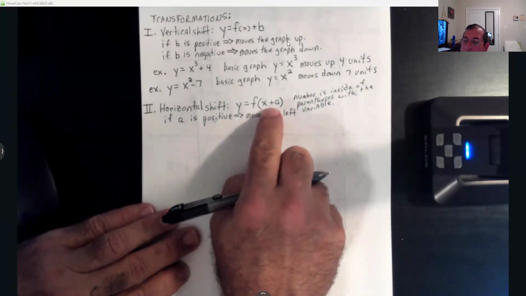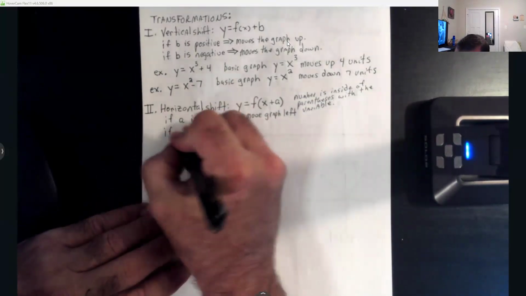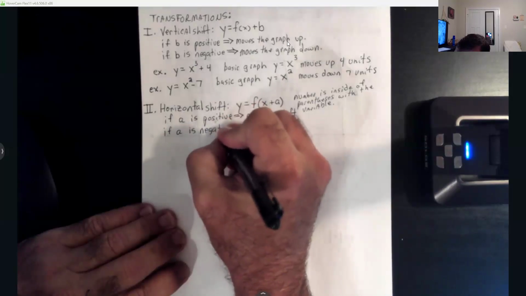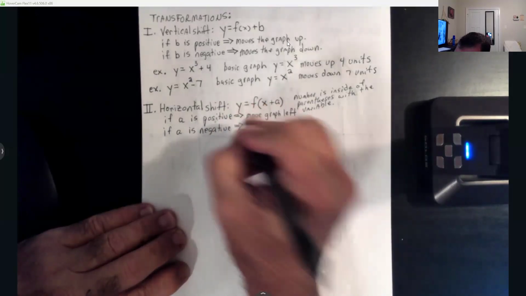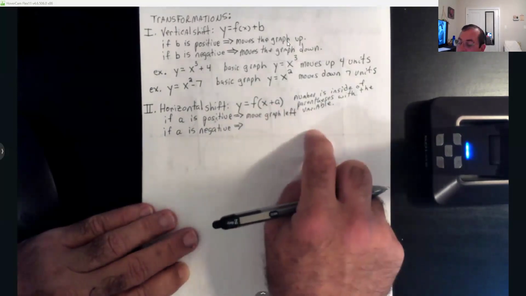So adding to the variable inside parentheses moves me left. If the a is negative, so if I subtract a number from the variable, that's going to move me to the right.